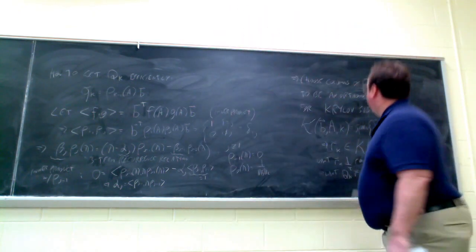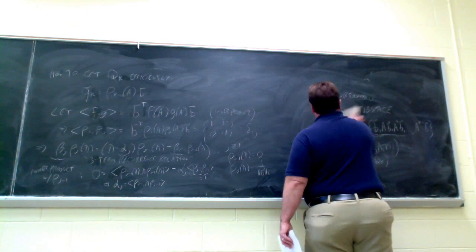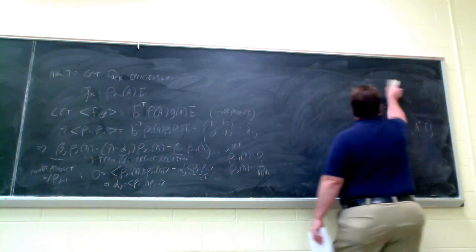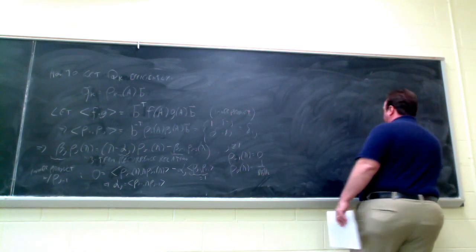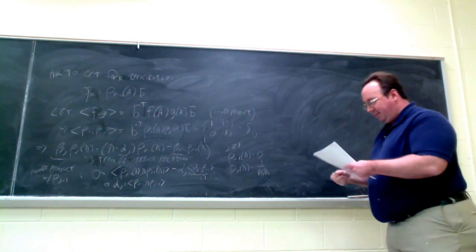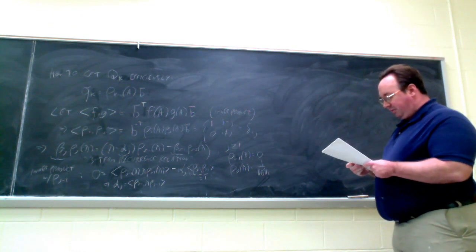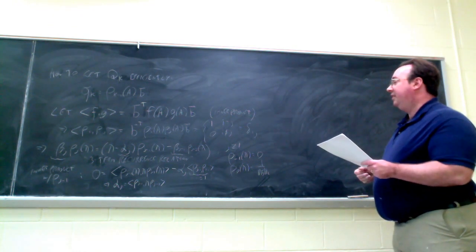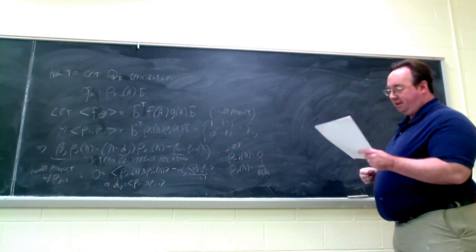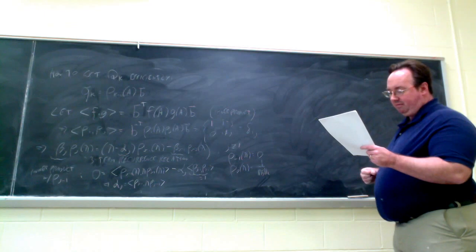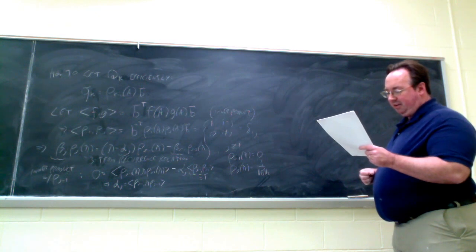Now, I can take a similar approach to obtain formulas for betas. So I can take the inner product with P. I have a different formula here in the notes, but okay.